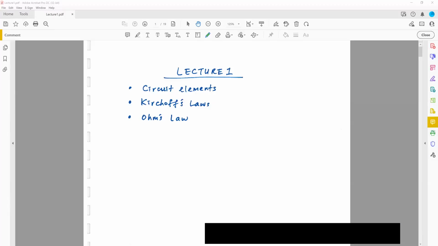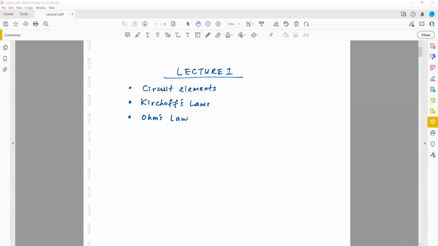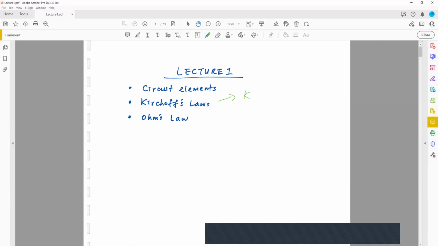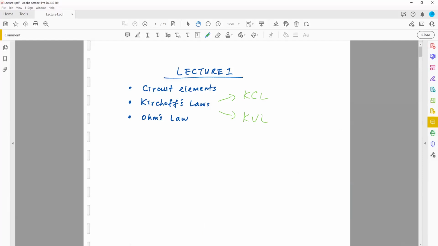Hello. In this lecture, we are going to review some fundamental circuit elements, and we are going to revisit Ohm's law, and we are going to wrap up this lecture with Kirchhoff's law, namely KCL and KVL. KCL stands for Kirchhoff's current law, and KVL stands for Kirchhoff's voltage law.